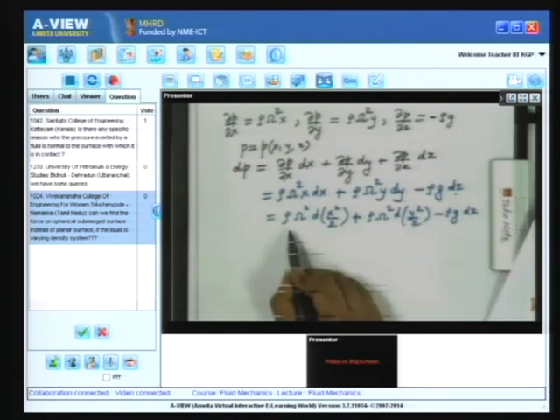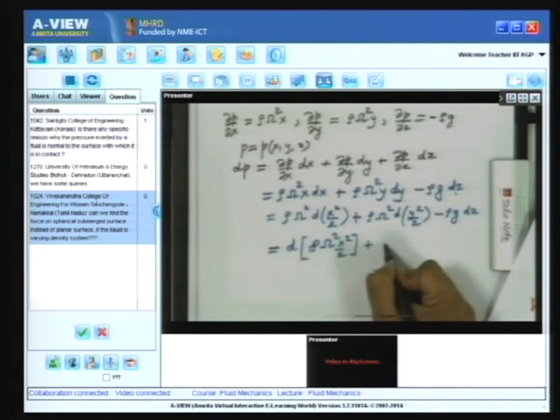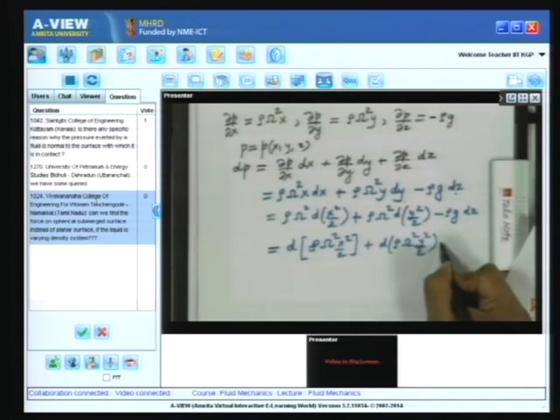Now, for us rho is a constant, omega is also a constant. So, rho omega squared I can pull inside the d, and write it as d of rho omega squared x squared by 2. Similarly, the next term I can write as d of rho omega squared y squared by 2, and the last one I can write as d of minus rho g z.